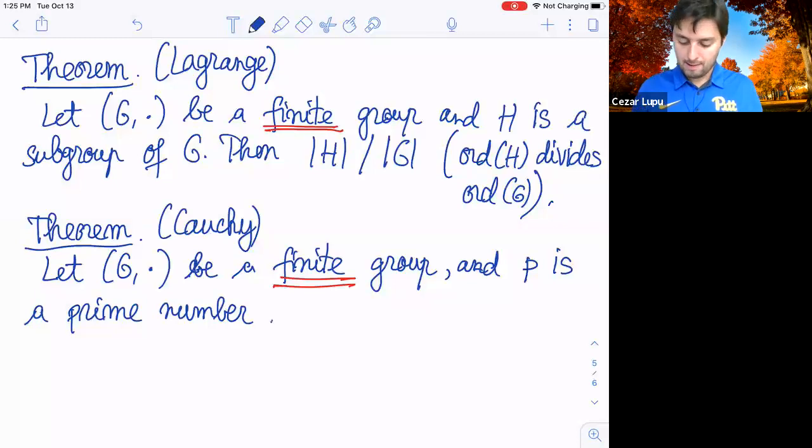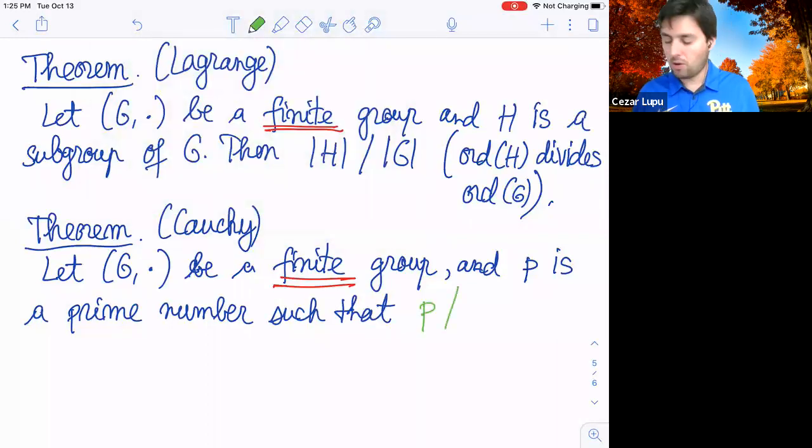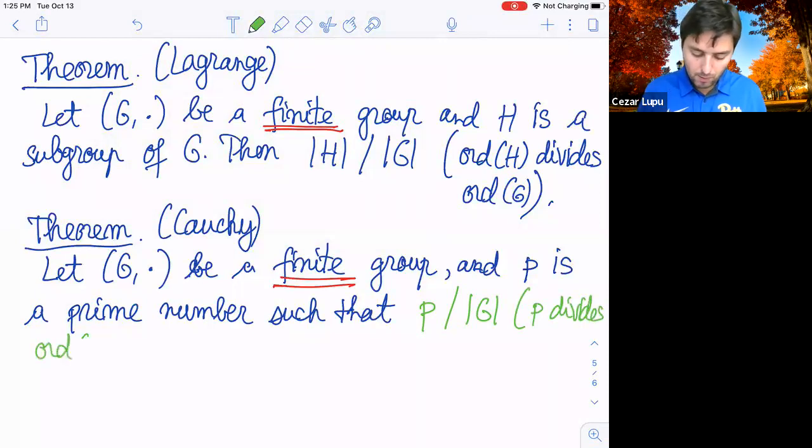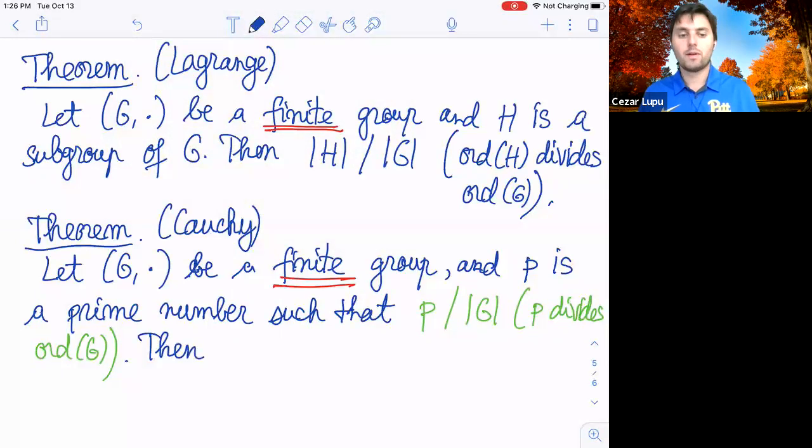Such that, and we'll have this condition: P divides the order of the group G. Then, guess what?